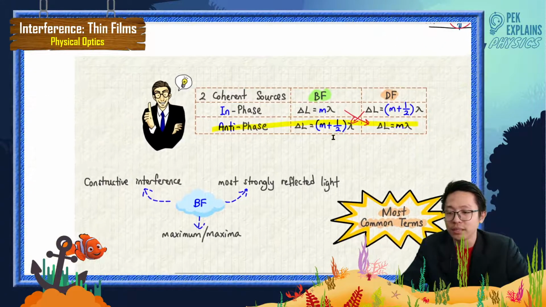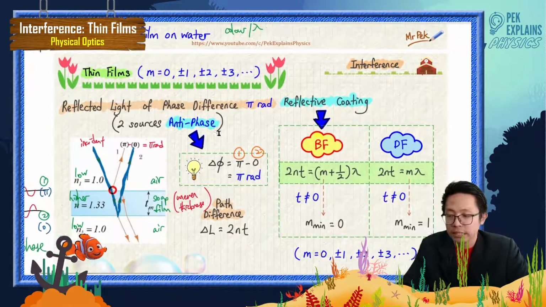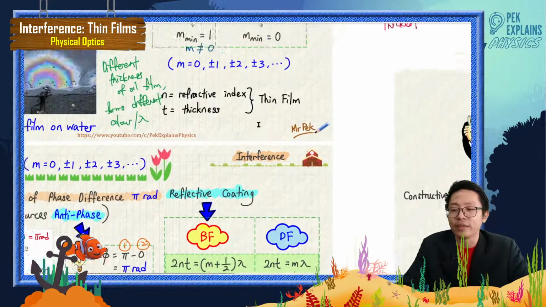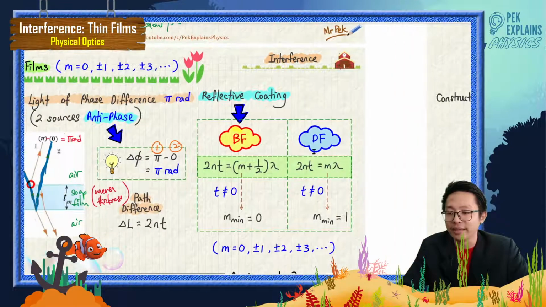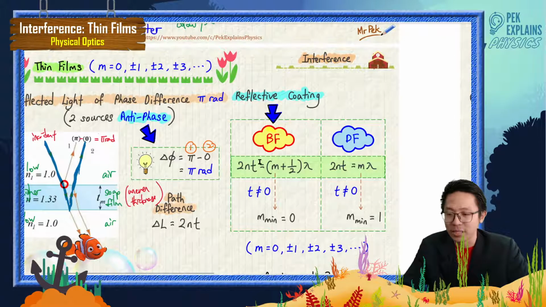So for anti-phase, the bright fringe uses m plus half lambda. Is it correct? That's correct. And the dark fringe uses m lambda. You see that?